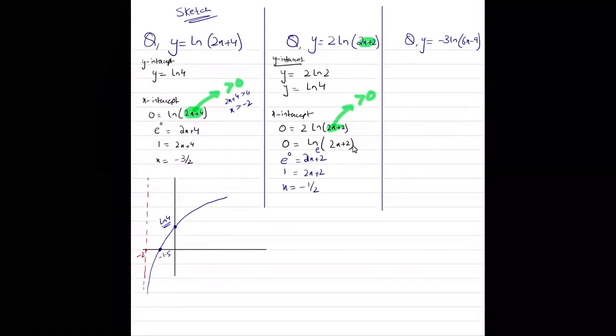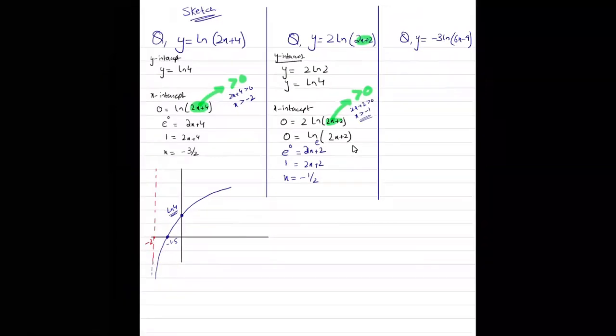So for the values of x for which this is defined, 2x plus 2 must be greater than 0. So x must be greater than minus 2 upon 2, that is minus 1. So your asymptote is going to be at minus 1.